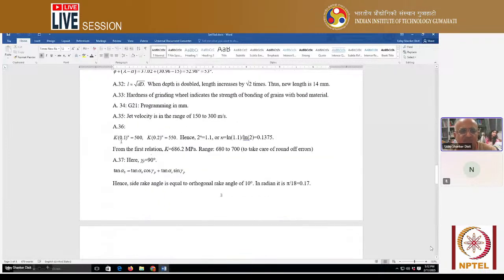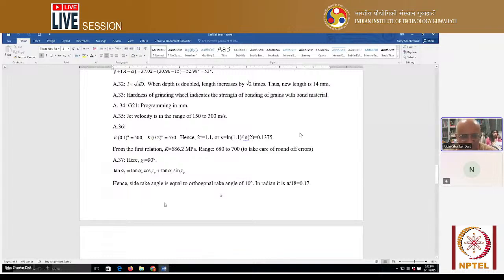K 0.1 to the power n is equal to 500, K 0.2 to the power n is equal to 550. I am just taking the ratio of these two, so 2 to the power n is equal to 1.1. So n is equal to this much, taking the log of both sides. So you got the answer. Like that you have to practice, then you can naturally get this.